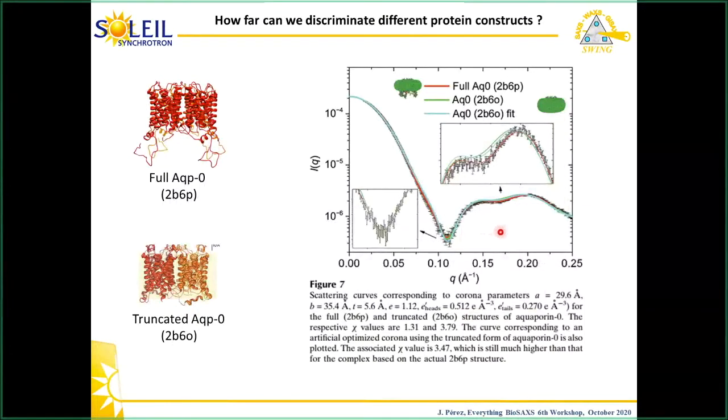Well, the answer was, I must say, really surprising. We could not fit the data as well as we did with the full model. And this means that despite SAXS never being modeled by a single model, with this approach, how to say it, we couldn't compensate the absence of the external linkers here by modifying the model of the corona.